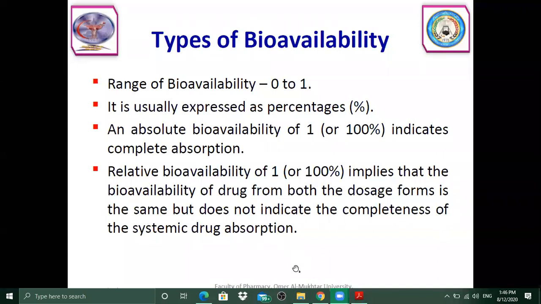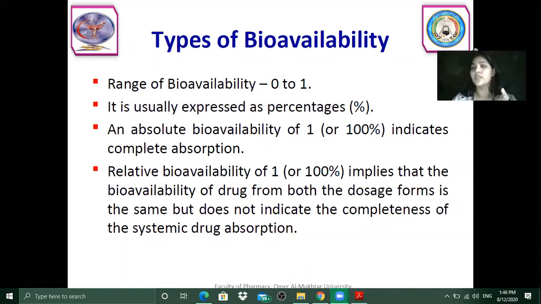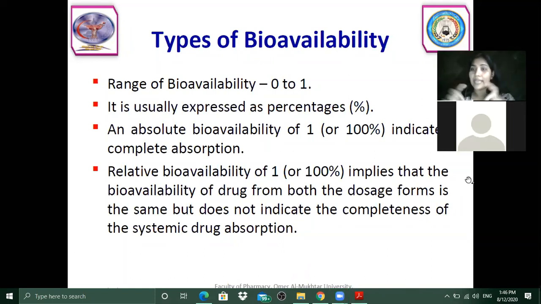Because in relative bioavailability, both the formulations are going to be solid dosage forms. In the sense, they could be either tablet or capsule, because we are not comparing here with the intravenous formulation. We are just comparing with the formulation that is available in the market.